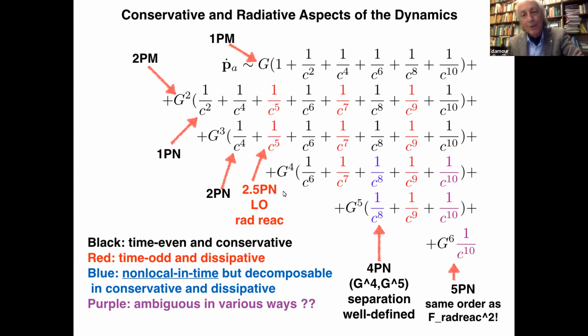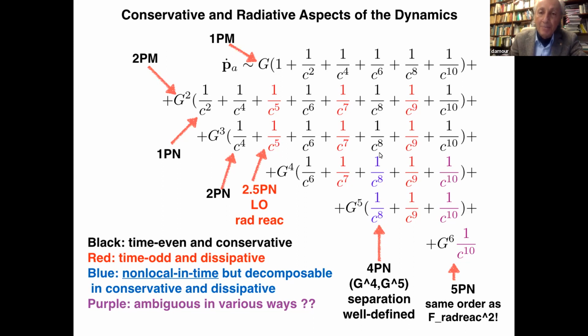It remains true at the G4 level if you look at the 1 over c7 level, but then something happens which is indicated by the blue color here, which is that starting at the G4 level, or 4PM order, and at the 4PN level, which means 1 over c8, this term and this term are actually a mixture of being time even and time odd.